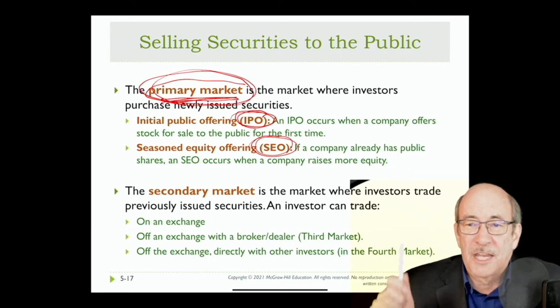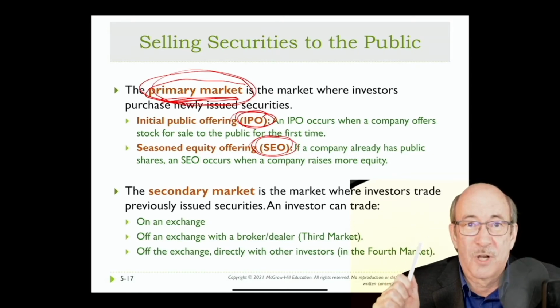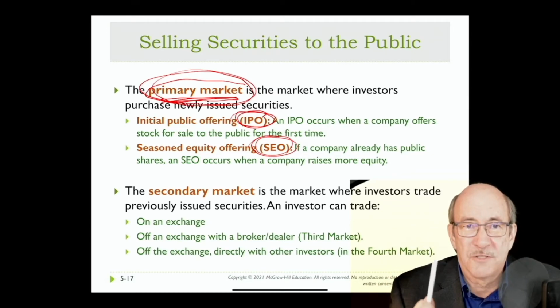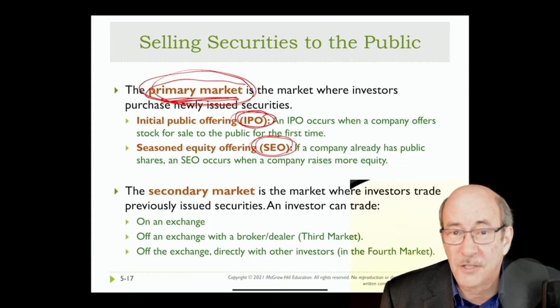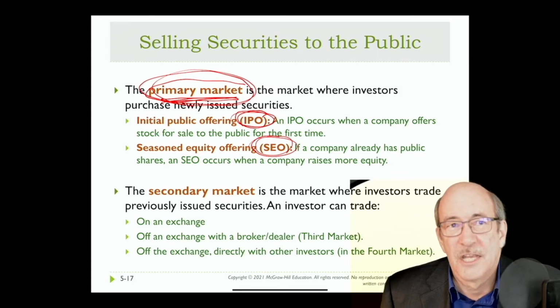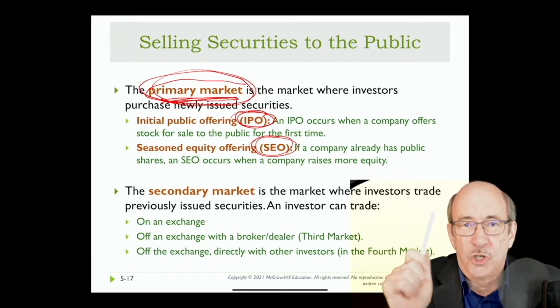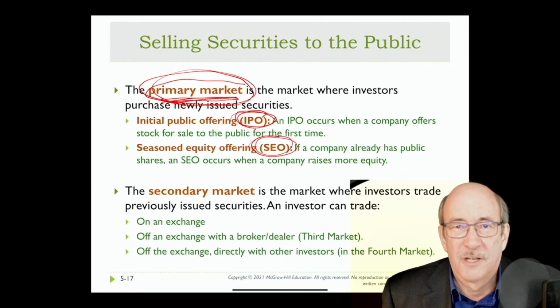So the key thing, how do you tell whether a transaction is a primary market transaction or a secondary market transaction? Watch the dollars. If the dollars flow to the company, to the issuer, that transaction is a primary market transaction. Okay?